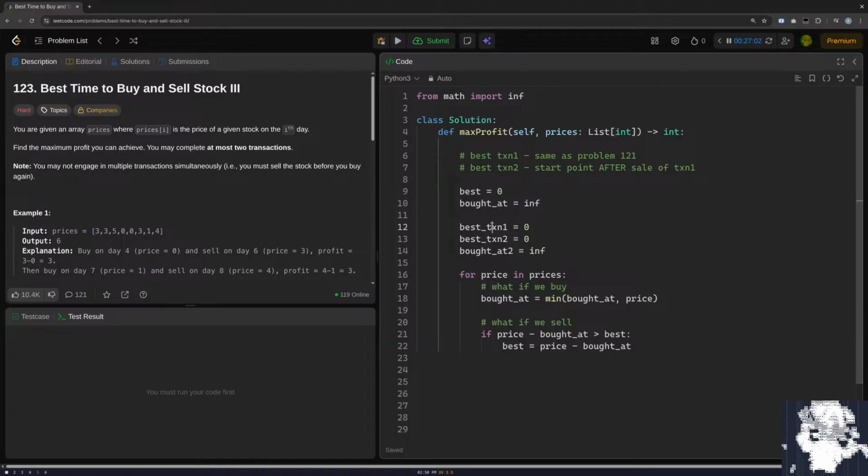So I'm always finding new candidates for the best transaction 1 as I go. How do I know what the best transaction 2 is?